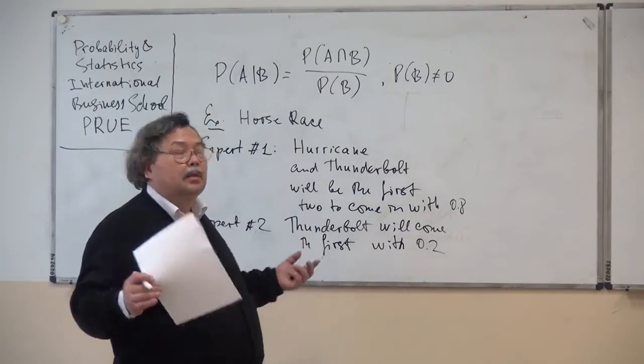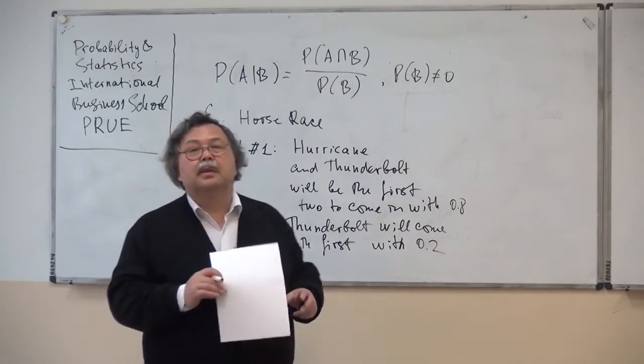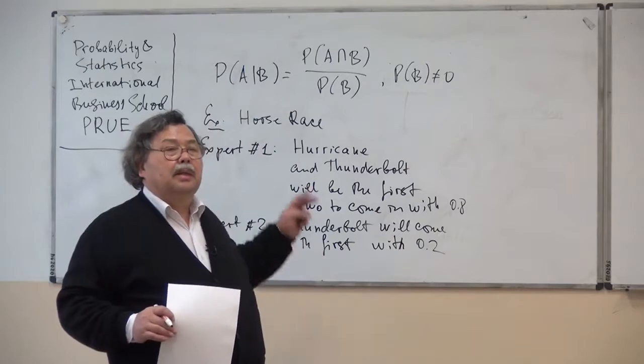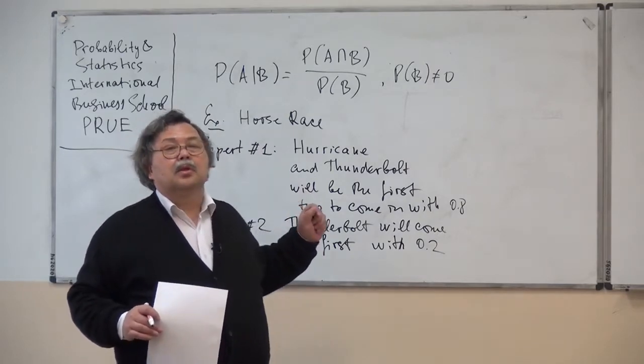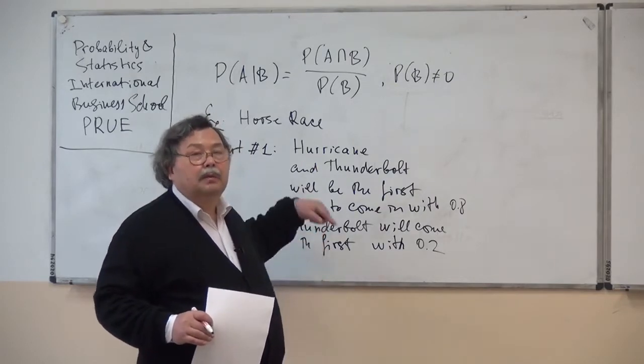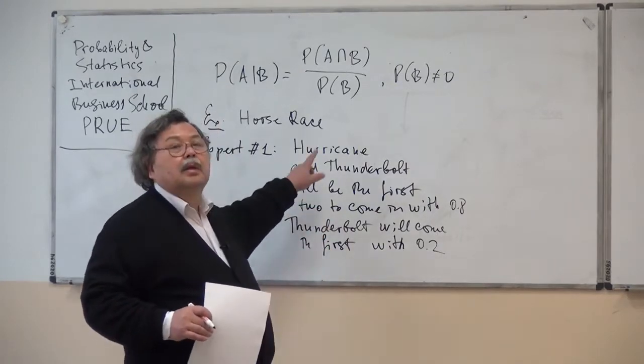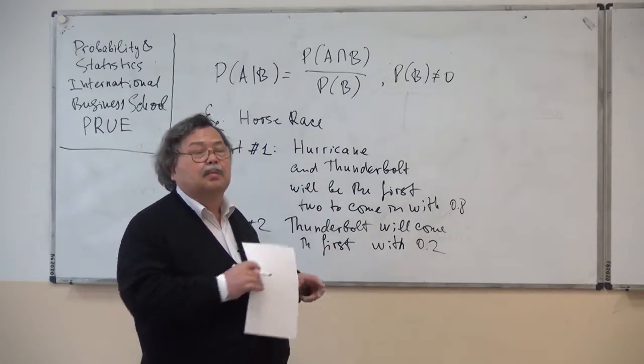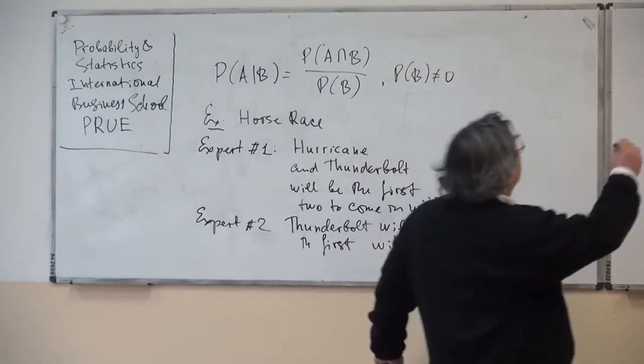Now let's assume that both these expert opinions make sense. Based on these, what is the conditional probability that Thunderbolt will come in first, given that this prediction is also true? So what's the probability? Let's write it here.